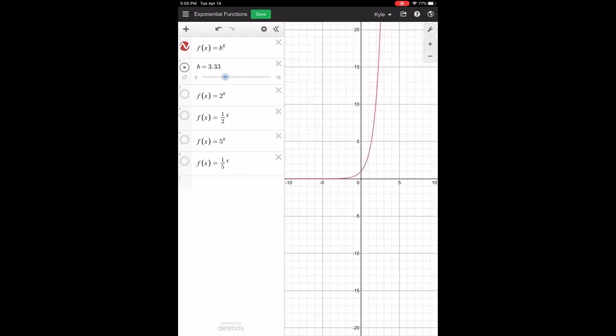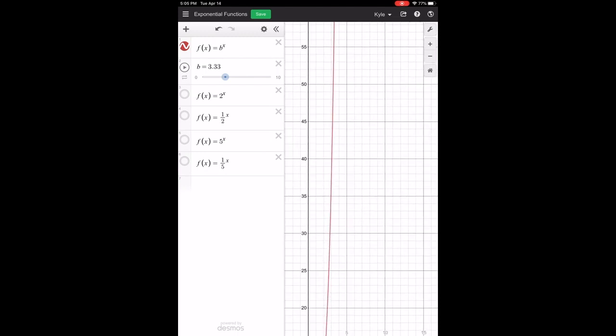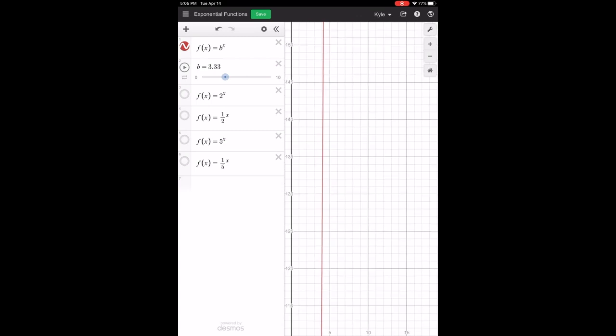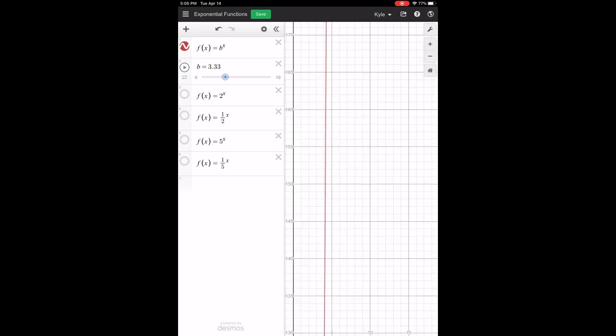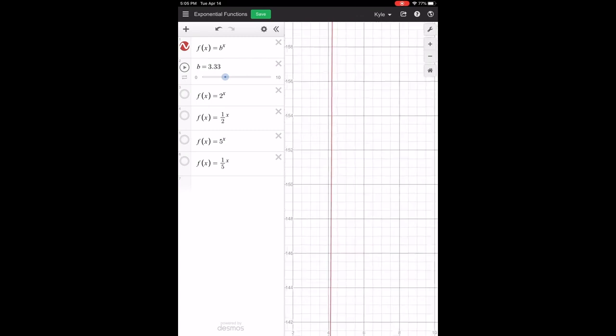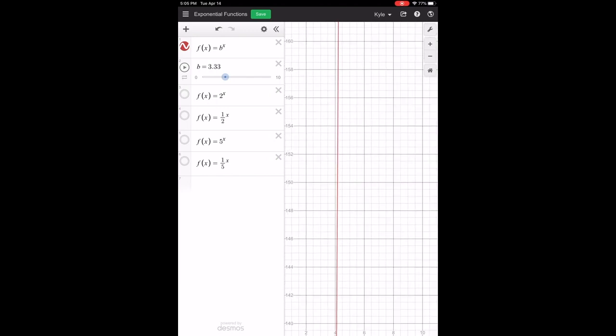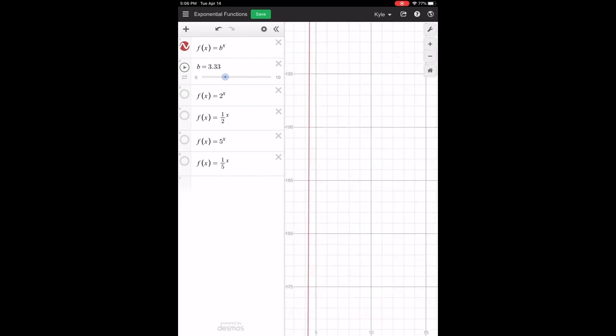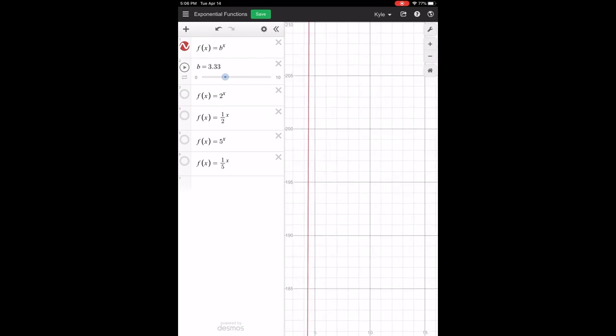Okay, so I know that the domain is going to keep going off to negative infinity when I have this exponential growth. But what about the right-hand side? As I move upwards, it almost looks like it's going perfectly straight, but wait a minute. You can see it's ever so slightly curving over to the right. It keeps moving over the slightest amount.